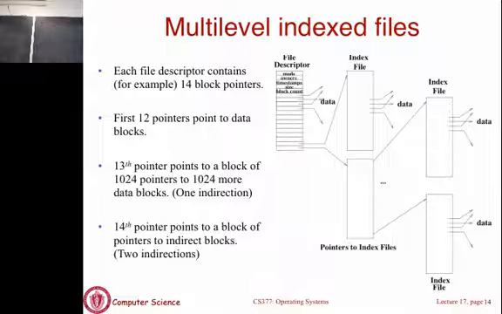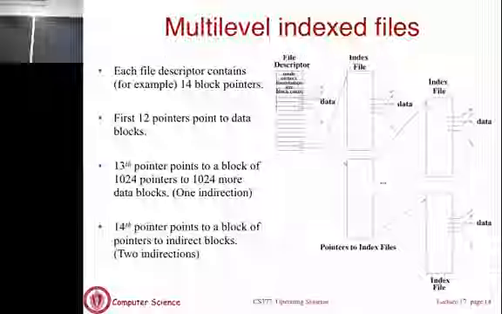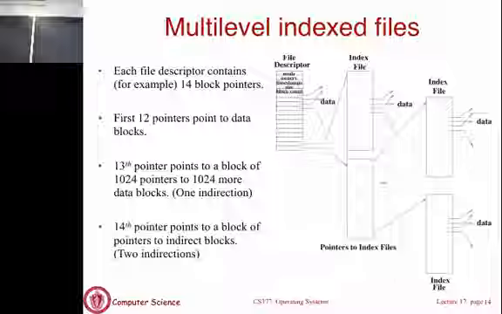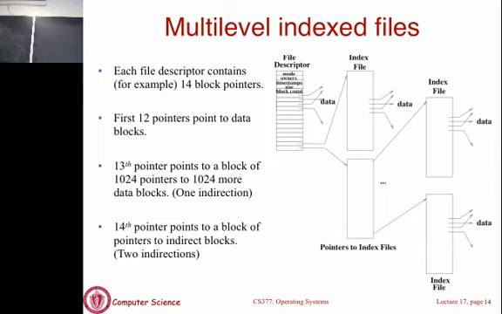So in this example, we have maybe 14 block pointers in the file descriptor. 12 of them are pointing to blocks on the disk. The 13th one is pointing to another index file, which has maybe 1,024 more pointers, and each one of those pointers is pointing to the disk.